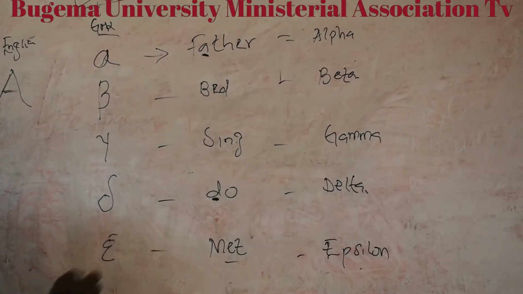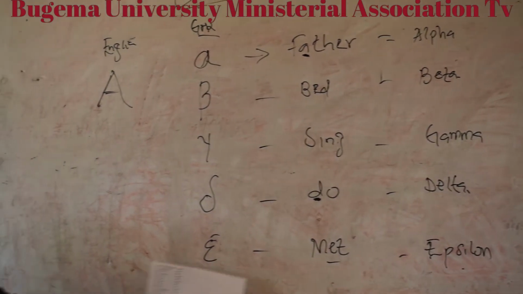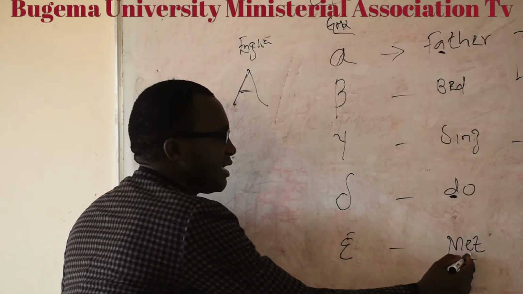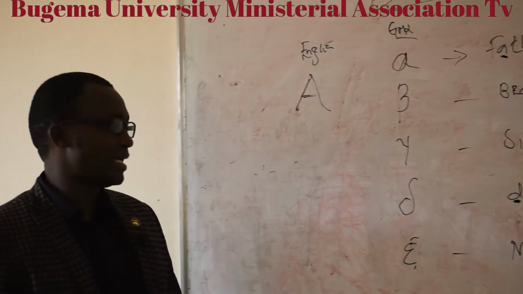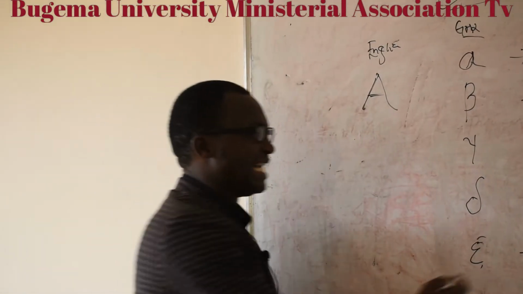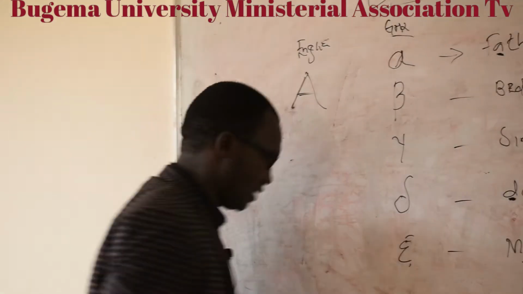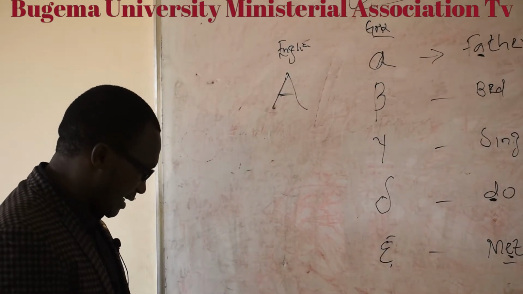This one is an epsilon. The way the E sounds in met is how it should sound in Greek. Epsilon, met. So whenever you see that one, just know that it is an epsilon.